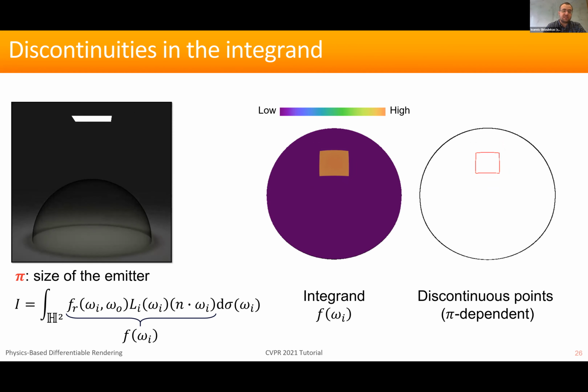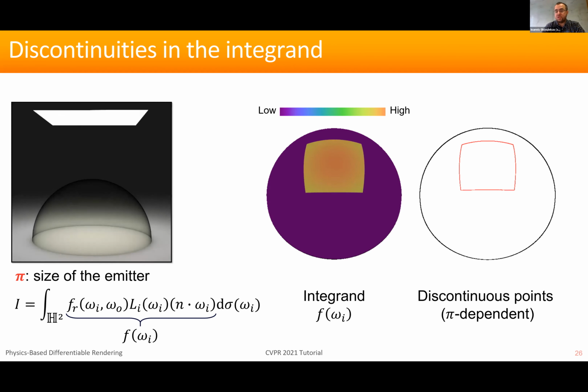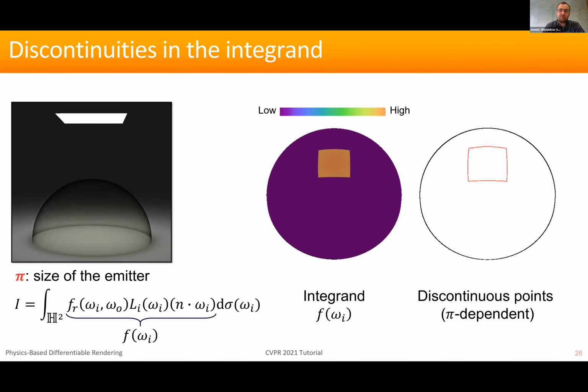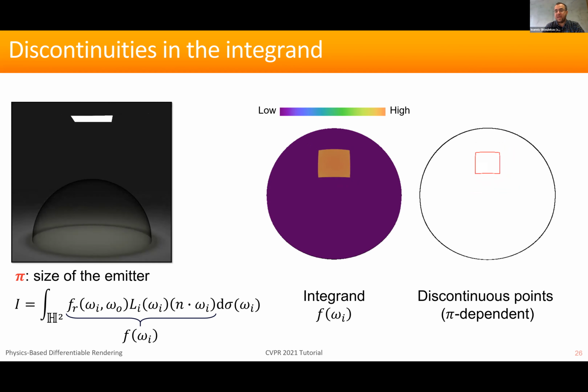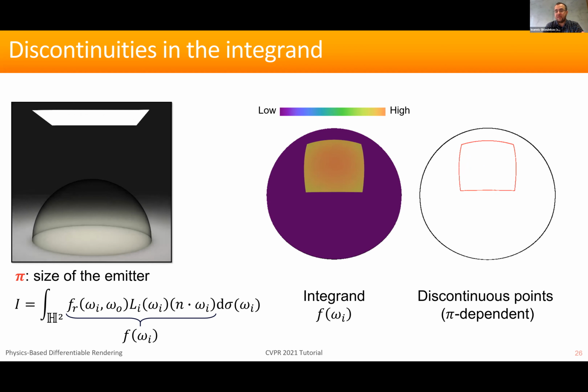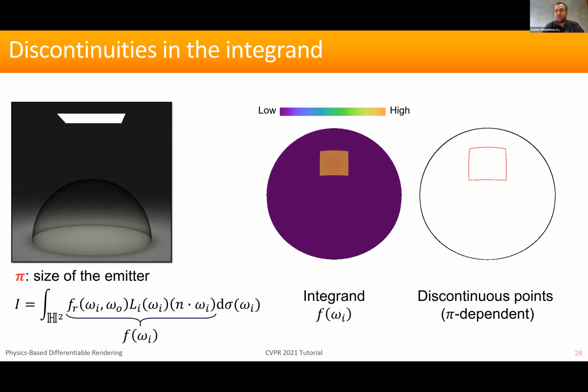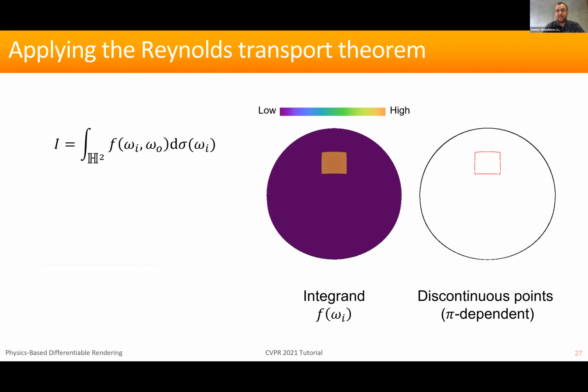So not only is the integrand discontinuous, but the discontinuity points depend on the parameter pi that I want to differentiate with respect to. As I change the size of the emitter, the discontinuity actually changes. So what does that mean then?